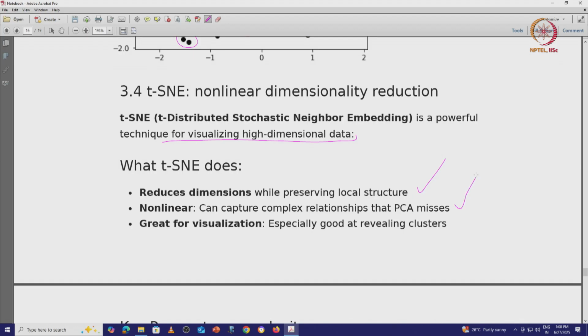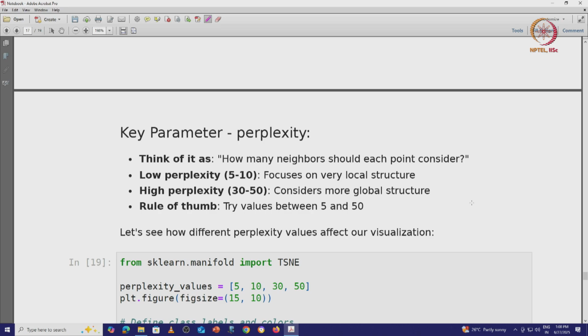It's non-linear, so it can capture any complex relationships which are missed by principal component analysis, which is really a linear dimensionality reduction technique, and t-SNE is great for visualization and is very good at revealing clusters. Alright, so here there is a key parameter that has to be used. It's called the perplexity, and is basically how many neighbors should each point consider.